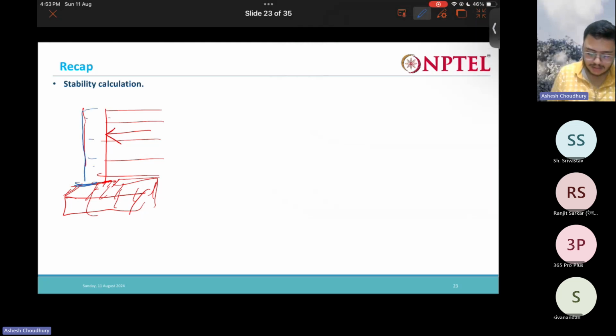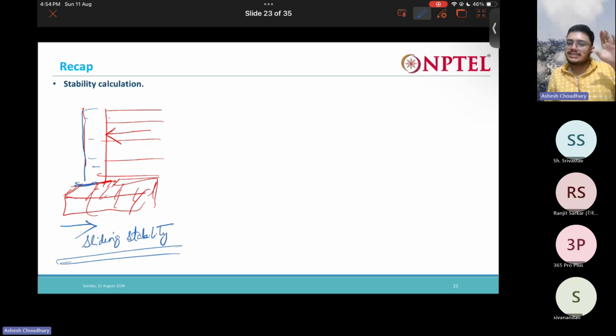The resistance force developed at the interface between the foundation surface and the reinforced surface should be optimum, so that the wall does not slide. So the first stability is the sliding stability. This sliding failure should not happen. This is the first external stability criterion.